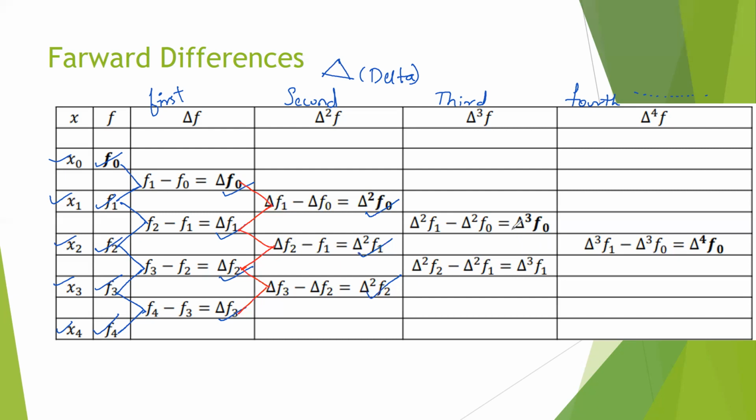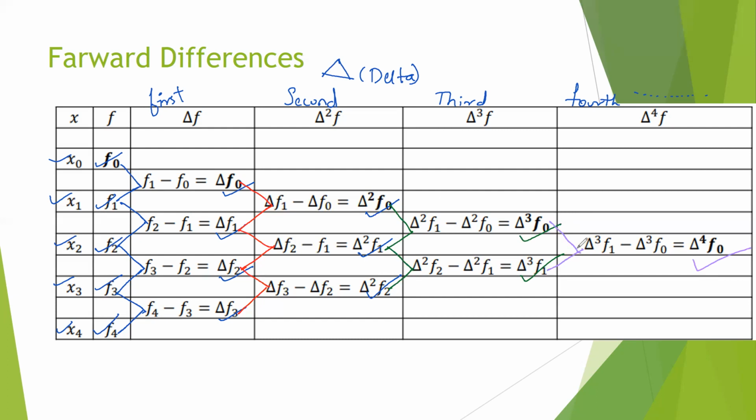What are the third forward differences? Delta cube f0 and delta cube f1. Delta square f1 minus delta square f0 is defined as delta cube f0, and delta square f2 minus delta square f1 is defined as delta cube f1. The fourth forward difference is delta power 4 f0, which is the difference between delta cube f1 and delta cube f0.